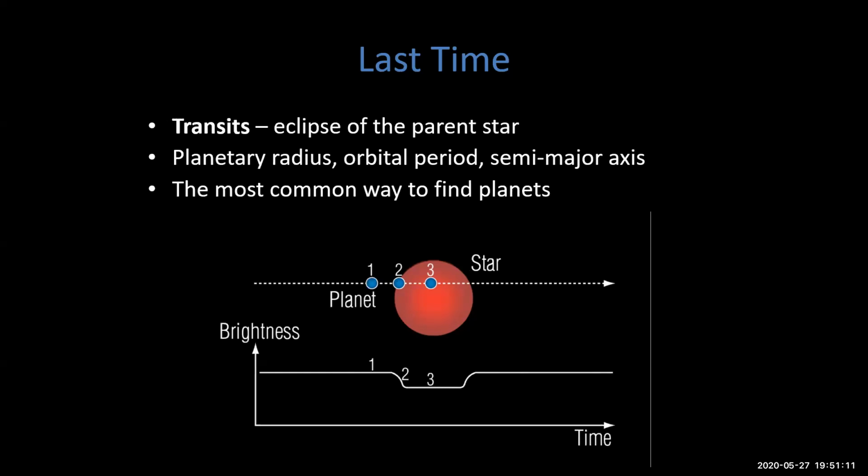Transits are when the planet passes in front of the star relative to Earth, and it blocks out a very, very, very small percentage of light. Kepler measures a 0.008% change in light. So the amount the planet blocks out is very, very small.